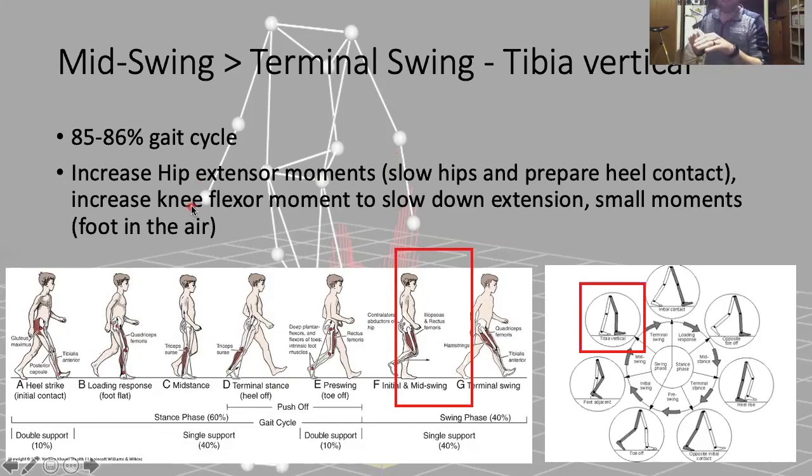If my leg is starting to swing out in front of me, through this mid to terminal swing phase, how can I slow this leg down? I need some hamstring activity back here to start providing some torque to slow things down, and that would be an eccentric contraction.